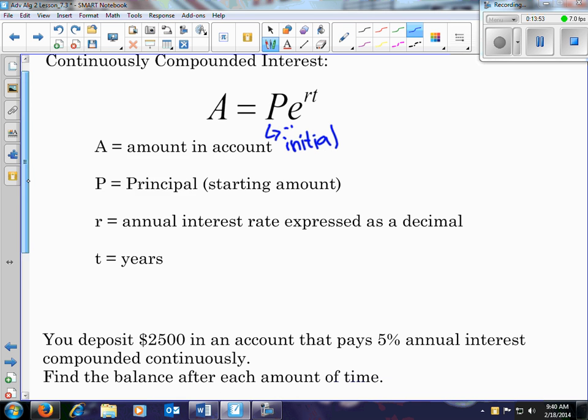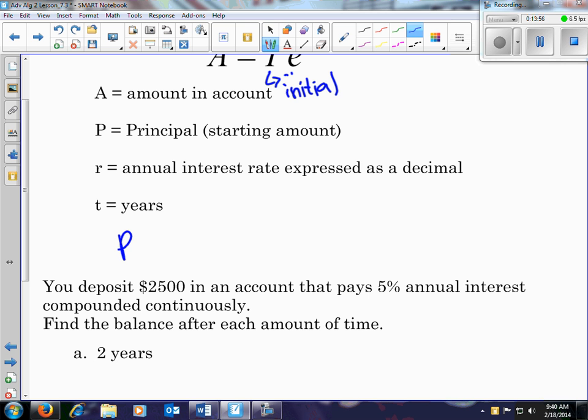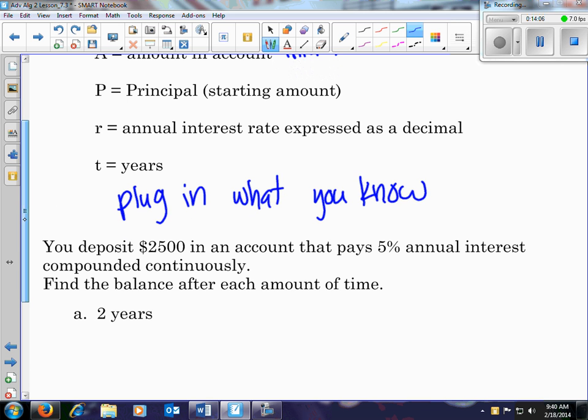So we're just going to plug in what we know. So we have, you deposited $2,500 in an account that pays 5% annual interest compounded continuously.